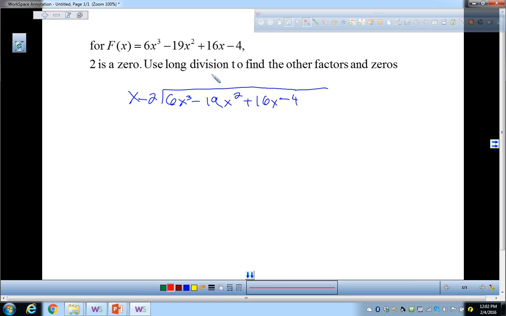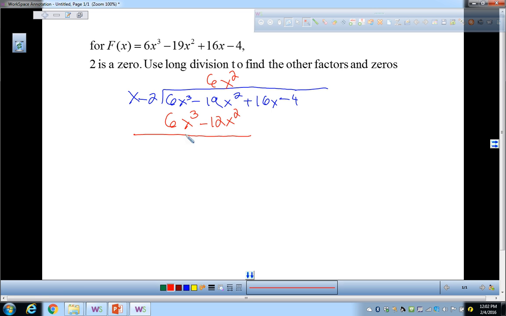So the x squared, you're going to put a 6x squared up here, okay? Now, just like you do when you do long division, you multiply this times this, so that gives you 6x cubed, and what's 6x squared times negative 2? Minus 12x squared. And just like you do with long division, you do what?